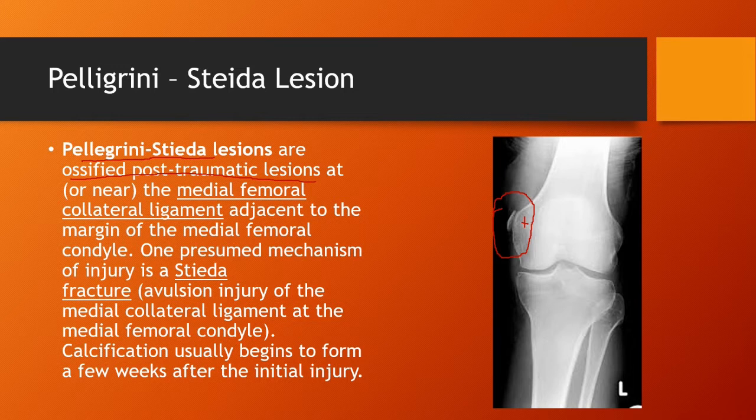One presumed mechanism of injury is a Stieda fracture, which is an avulsion injury of the medial collateral ligament at the medial femoral condyle here. That it represents an avulsion fracture of the medial femoral condyle, in which case calcification usually begins to form a few weeks after the initial injury.